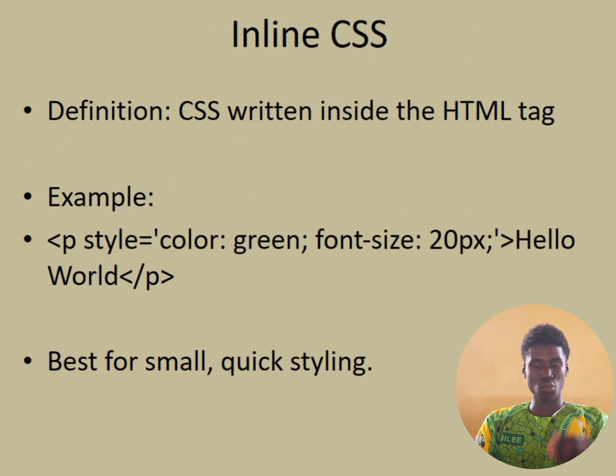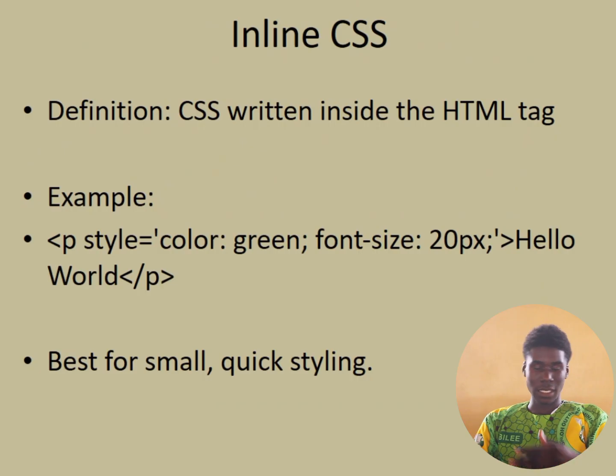As you can see in the example, the opening tag has style equal to color green, then font size. This inline method is recommended if you are doing small work or a quick start.